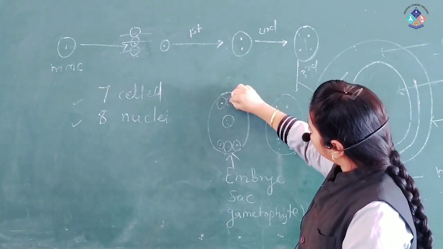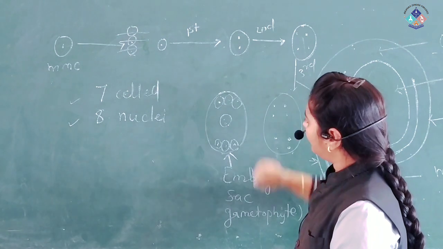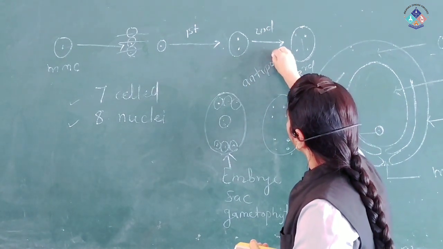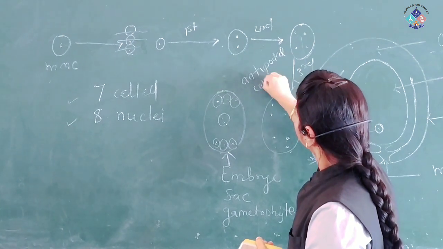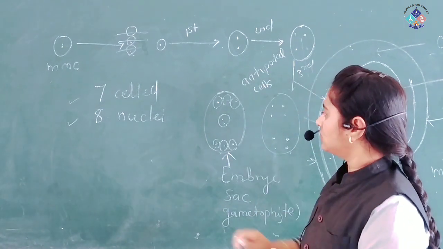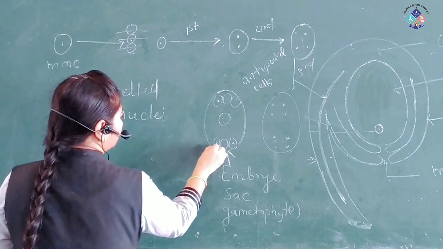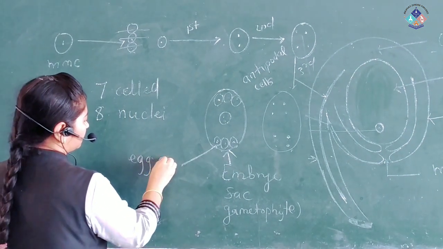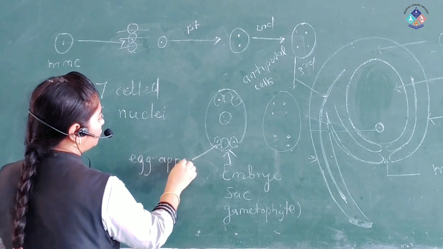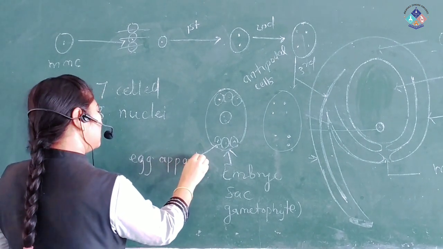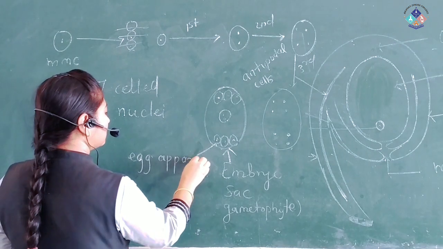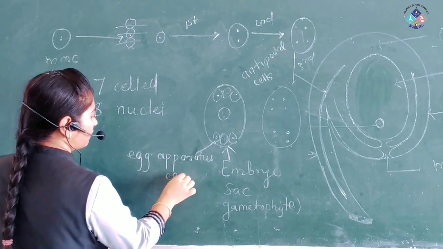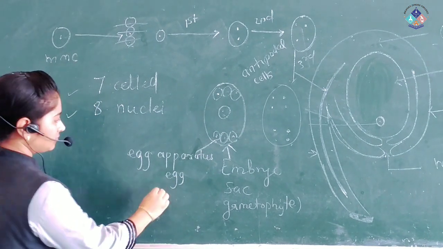The 3 cells towards the chalazal end are called antipodal cells. And the 3 cells towards the micropylar end are called the egg apparatus. You can see there are two types of cells in the egg apparatus. The central cell is the egg cell, which is the female gamete.